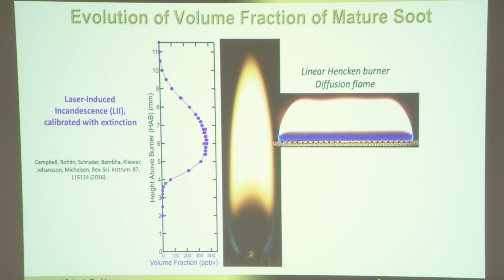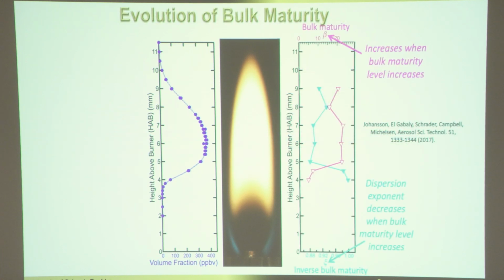Okay, the one thing to remember about LII is it's usually sensitive to mature soot. So the soot has to absorb strongly in order for you to get enough signal, and it can't vaporize. It has to go up to pretty high temperature because it's dependent on temperature to the fifth power. So it has to go to pretty high temperature to get adequate signal. Okay, so there's our extinction, and we used LII to get the dispersion exponent.